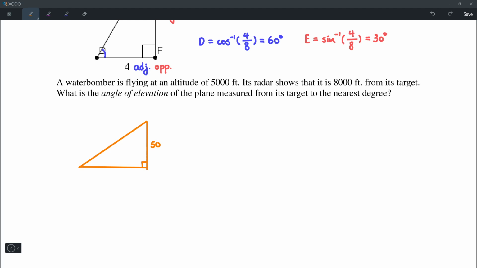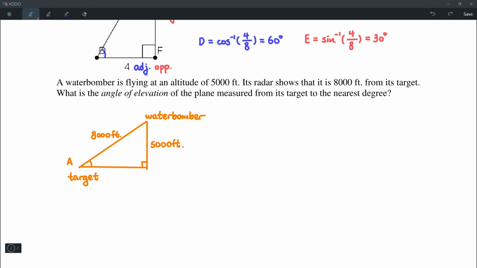Altitude is 5,000. This is the water bomber. Okay, we have the angle of elevation here. We'll call it A. And of course, this is the target. And the distance from the water bomber to the target is 8,000 feet, measured in a straight line.